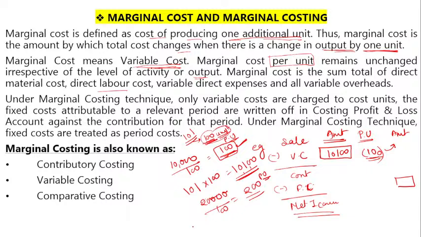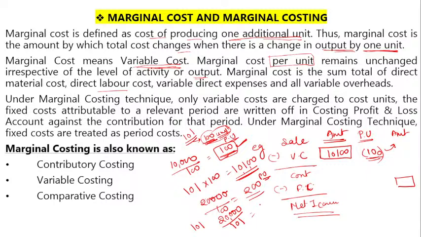If the company produces 101 units, in that case it is 20,000 divided by 101. So in that case there is a change.